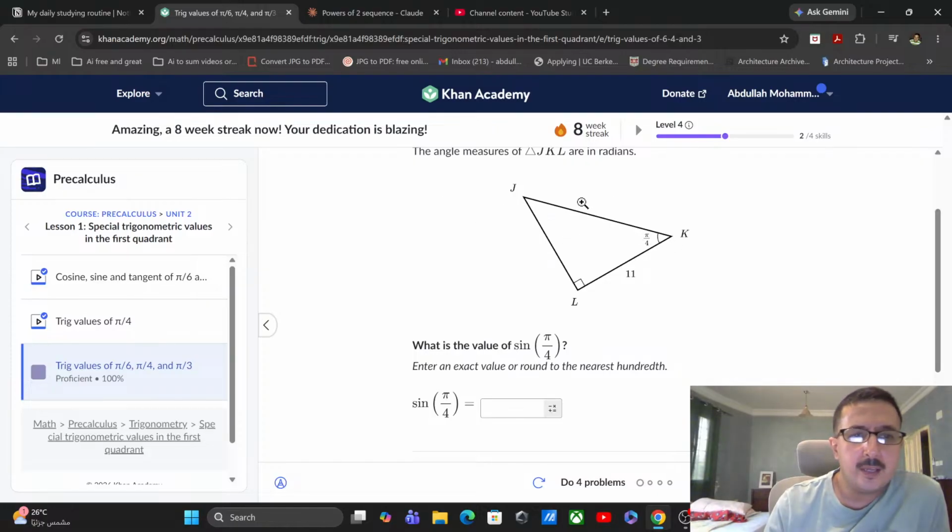What did he call the hypotenuse? This is the hypotenuse. This is the x, so the sine is the y. This is the sine.